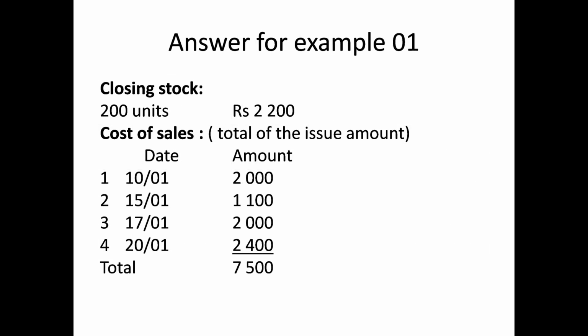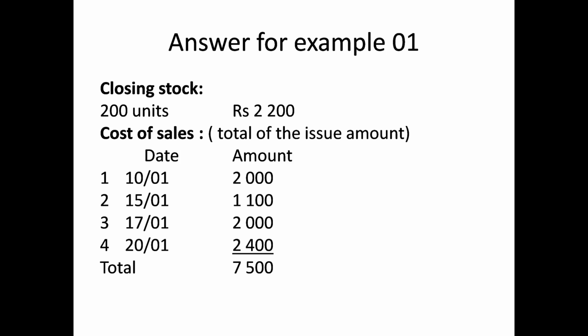Closing stock. What's the quantity? It's 200 units. At the end of the stores ledger, you have 200. So that's 200 units and the rupee amount is 2200 rupees. Then we are going to calculate cost of sales.